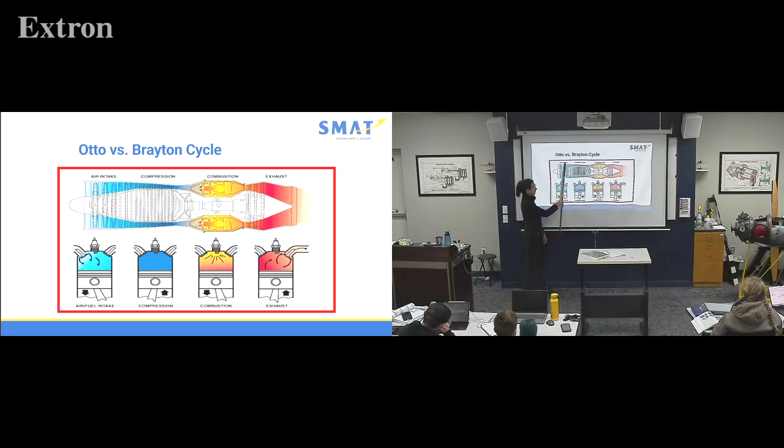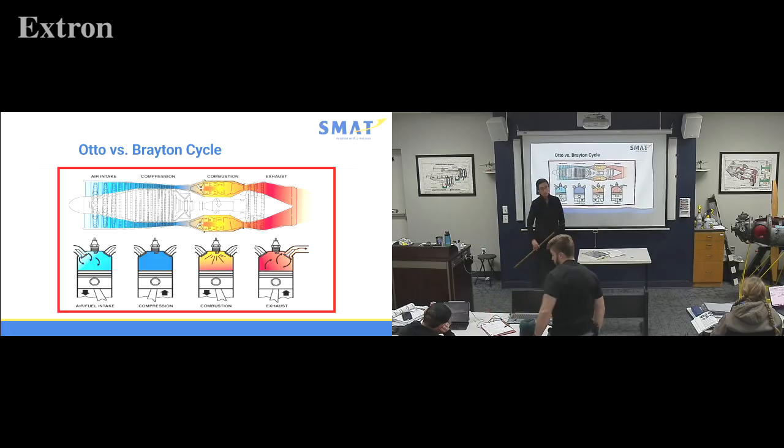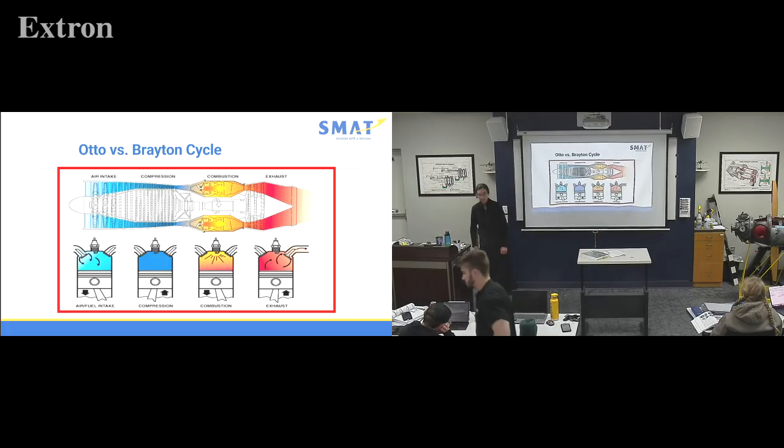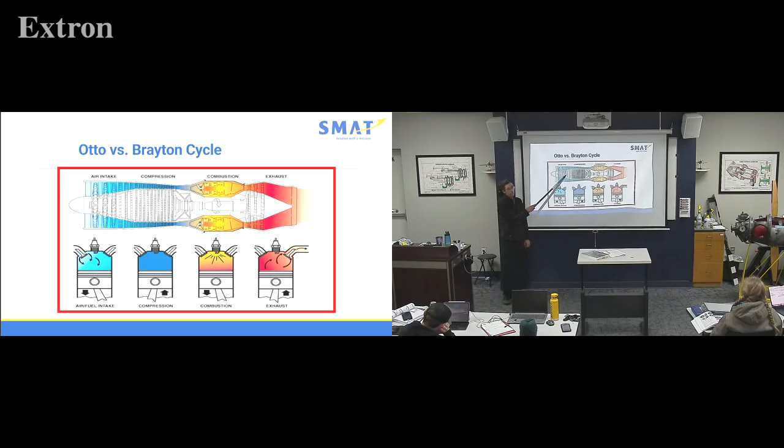But the pressure here will always be the same. Pressure here will always be the same. Pressure here. Except, as you start up, you're ramping up. But then once you're running at full speed, pressures are pretty much staying constant. So that Brayton cycle is called the constant pressure cycle, because we're not having all these drastic changes in the same chamber that we have in the Otto cycle.